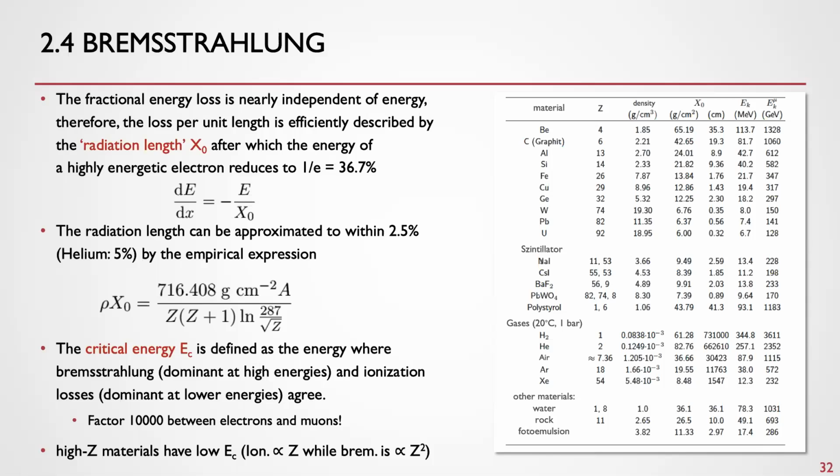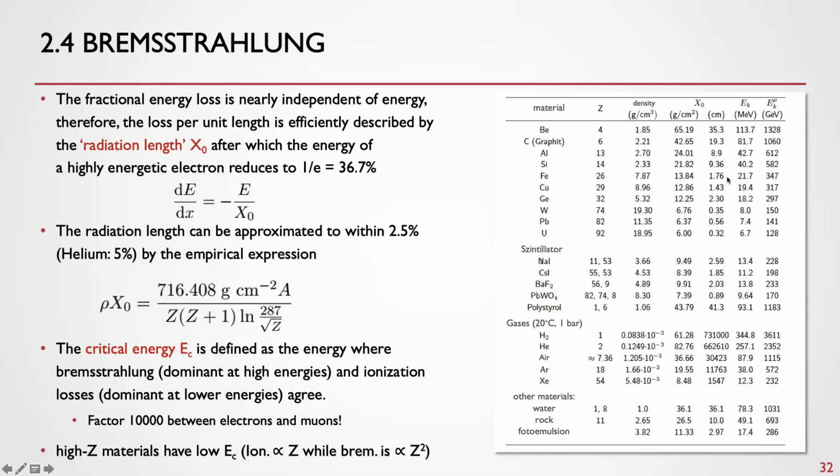Again, the critical energy is defined as the energy where the bremsstrahlung and the ionization losses agree. Ionization is dominant below the critical energy. Bremsstrahlung is dominant above the critical energy. It's important to realize that the critical energy is a factor 10,000 different for electrons and for muons.